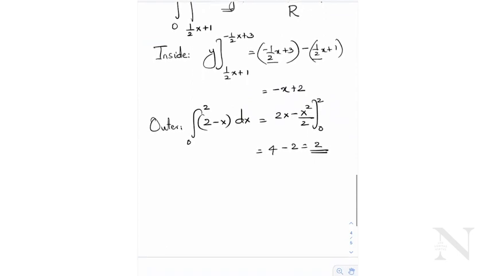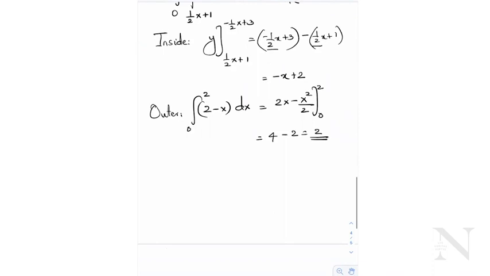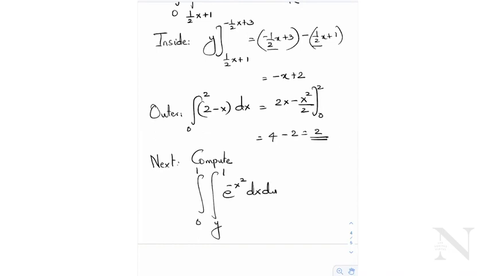Any other questions? All right, so let's do another example to kind of motivate you, okay? Some very special kinds of problems. So next: compute the double integral, where y goes from 0 to 1, x goes from y to 1, of e to the power of negative x square dx dy, okay?